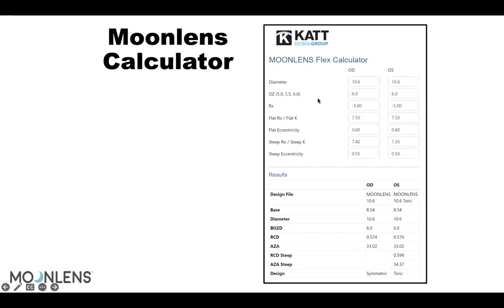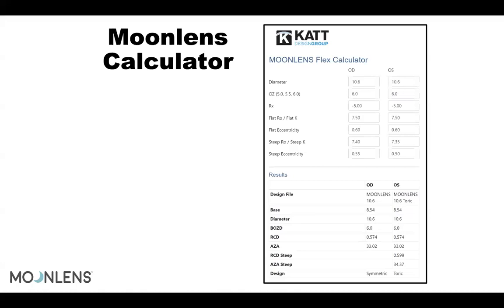or treatment zone. You're going to put the spherical refraction. You're going to place the flat K or the flat RO. The flat RO refers to just the flattest point of the cornea, and you can select that. If you do have a topographer that can give you that attribute, that's going to work the best.